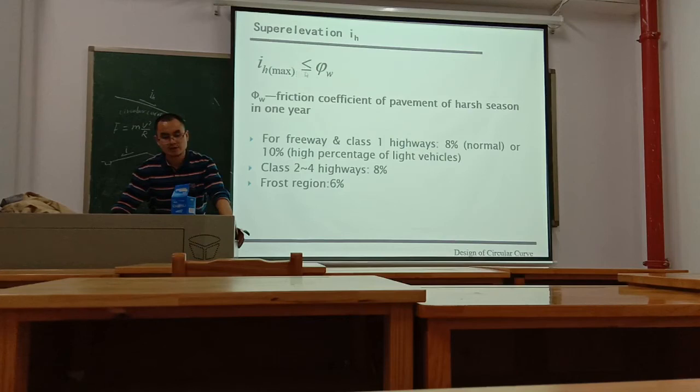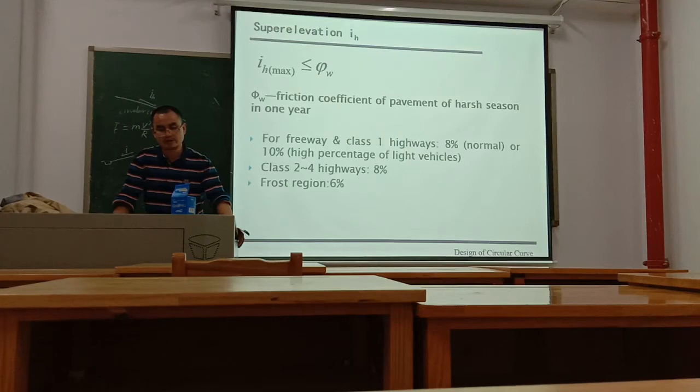IH is less than or equal to sine W. Sine W is the friction coefficient of pavement in the harsh season in one year.